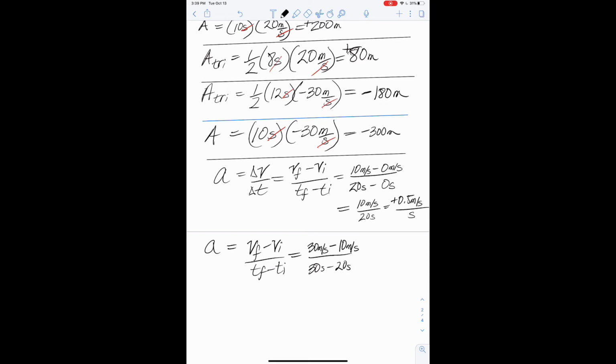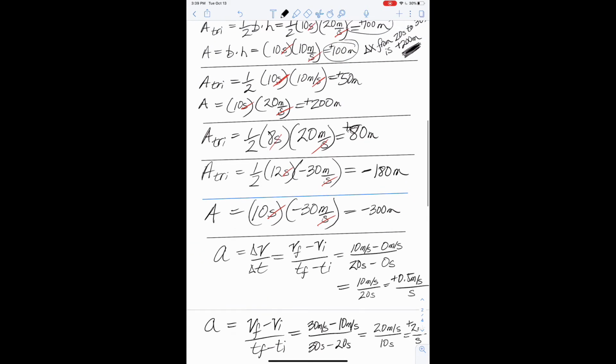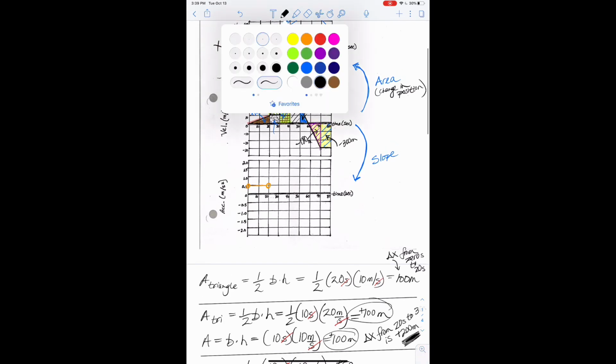All right, so let's go ahead and do the math there. Looks like we got 20 on top divided by 10, which is going to equal 2 meters per second per second. Okay, and that's going to be positive. So now we're going to add in that slope right there. Grab that orange marker.